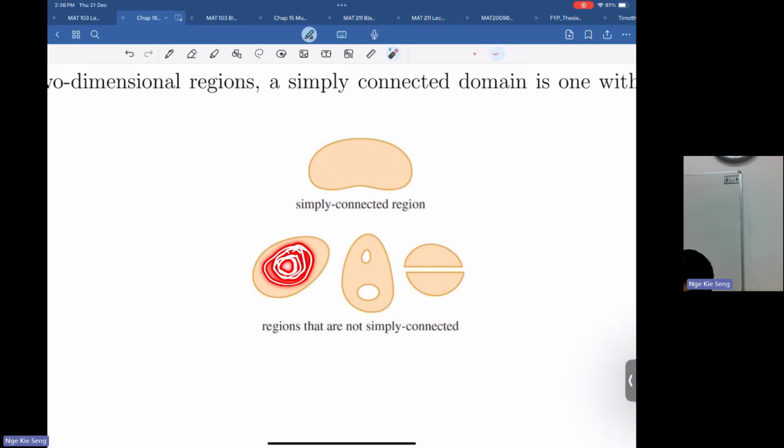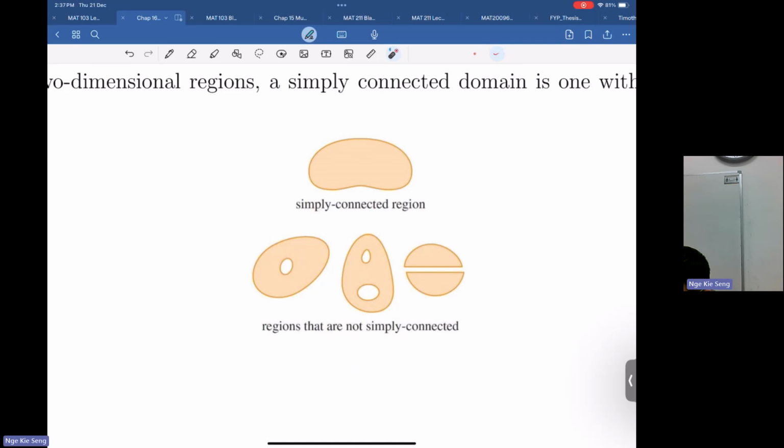I cannot go further. For example, a simple closed curve here, I can shrink to a point because I can consider this series of closed curves. But here I cannot. I can go as small as this hole here. So I cannot shrink to a point inside the domain. It will remain as a curve like this. I cannot shrink it further.